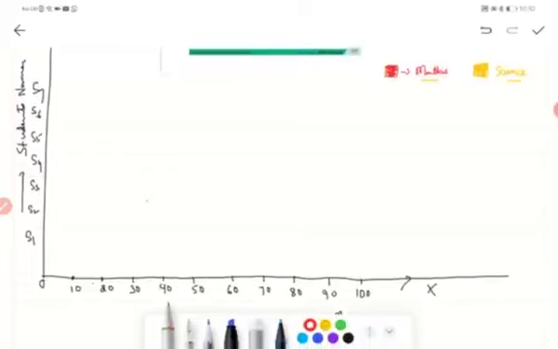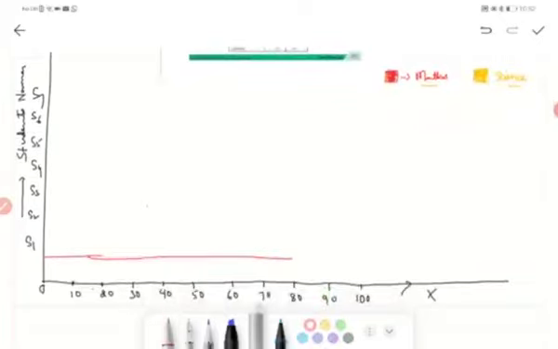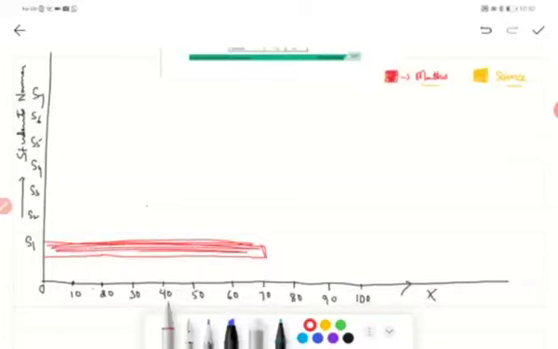All right, so this is student 1, okay. I'm drawing it horizontally, it should go till 70, okay. So at 70, I'll draw a mark. So this represents the mathematics marks, alright.